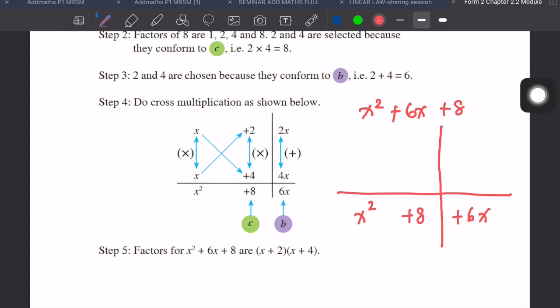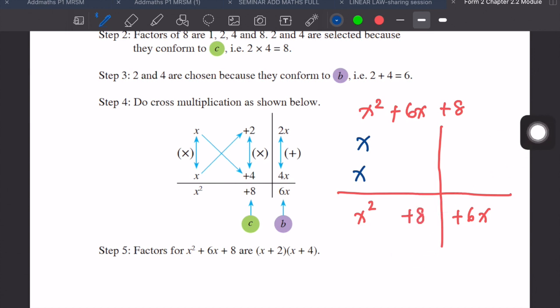Okay, sekarang awak tengok. Depan sekali ada x square. Okay, so apa benda yang kita darab boleh dapat x square? So kita tahu x times x. Okay, then di tengah ni, kita tengok apa nombor yang kita darab akan dapat 8.